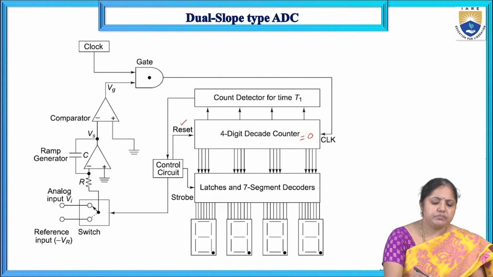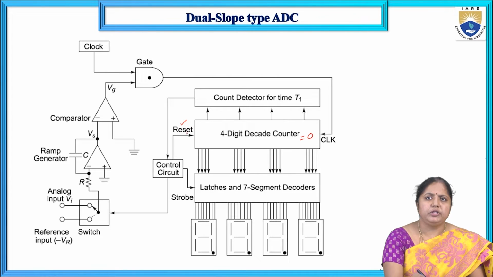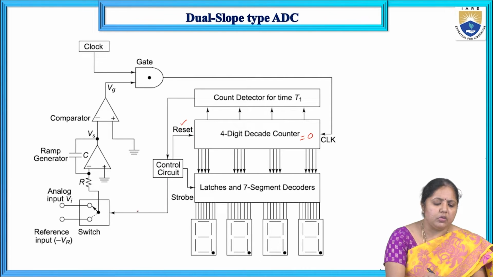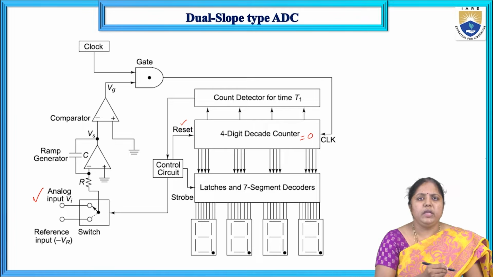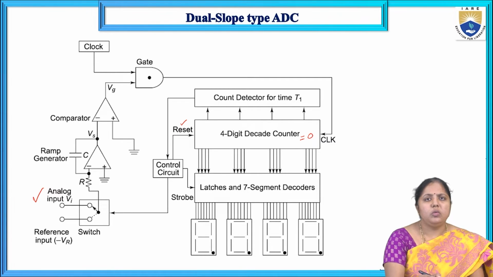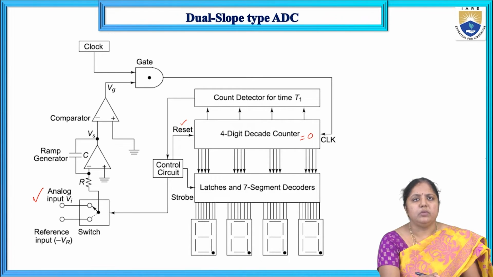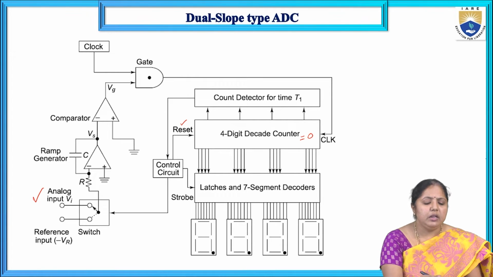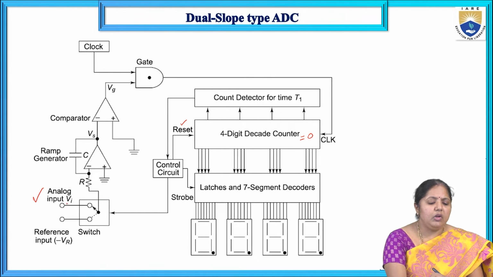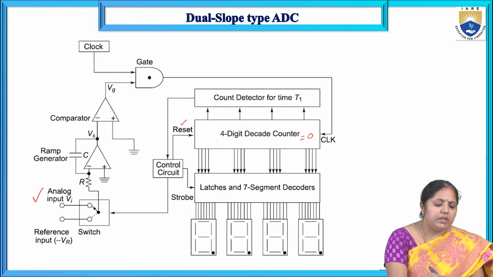Once the reset operation is over, the control circuit will automatically connect the switch to the analog input voltage Vi. We don't know what the analog input voltage value is, but it will be a positive value here.